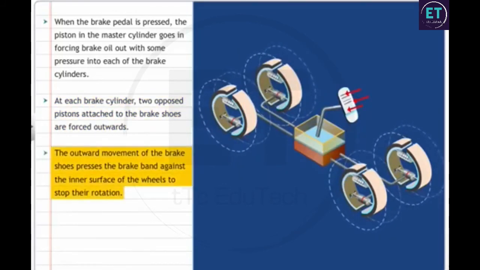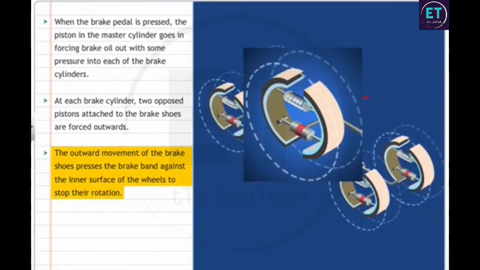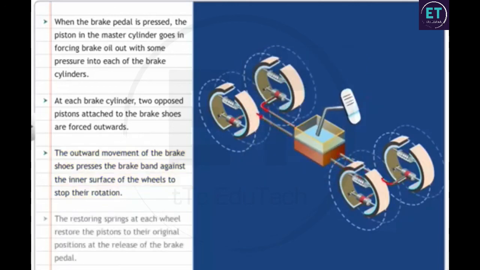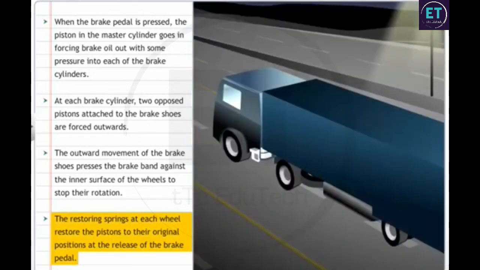The outward movement of brake shoes presses the brake bands against the inner surfaces of the wheels to stop their rotation. When the brake pedal is released, the restoring springs at each wheel restore the pistons to their original positions. Thus, hydraulic brakes in automobiles employ the concept of pressure to enable drivers to stop heavy vehicles by applying a relatively light touch on the brakes.